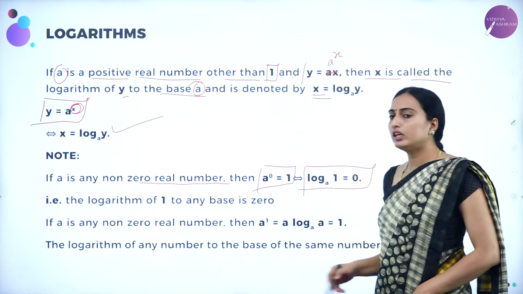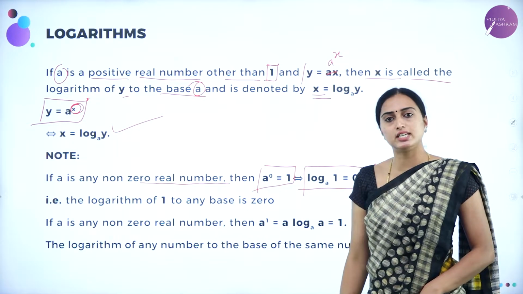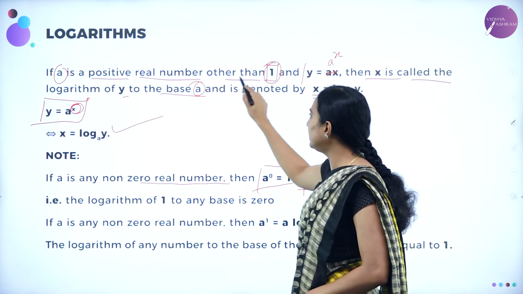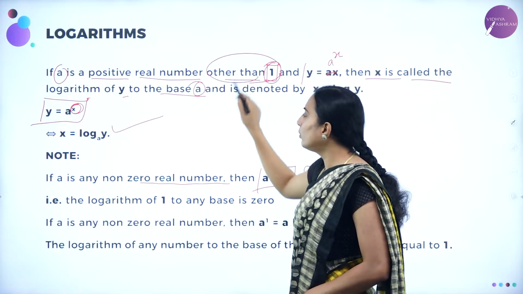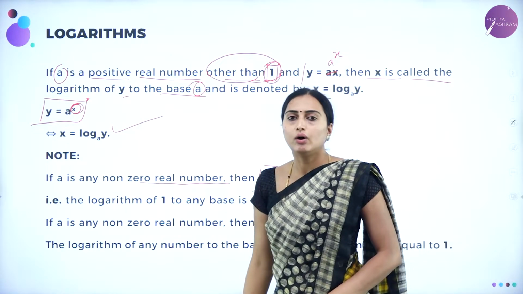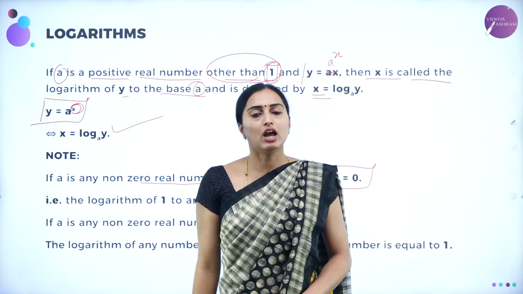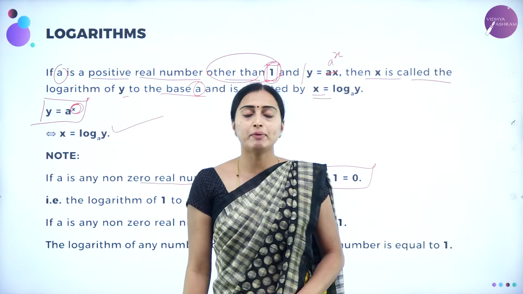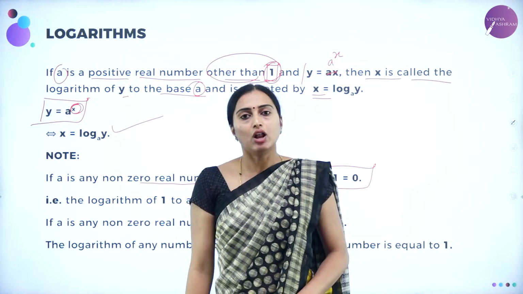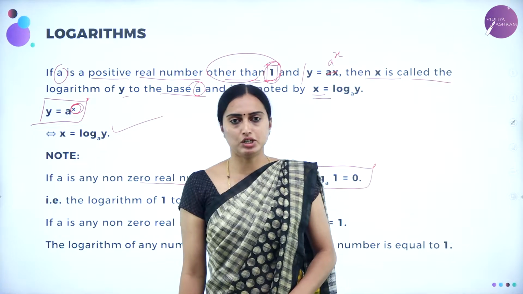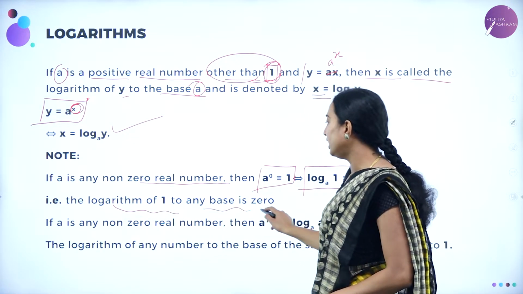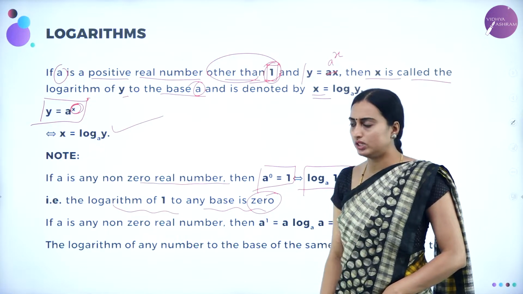Therefore, log 1 to any base is 0. So only here we define a as other than 1. So a power 0 is equal to 1 means log 1 to base a is nothing but 0. Similarly, the logarithm of 1 to any base is 0, as I told you.